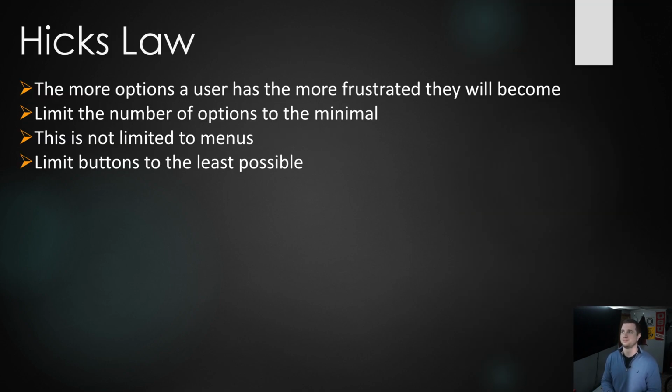Hick's law. Well, user choice. Okay. A lot of people want the simple choice, something that's easy, and they're going to tell you that they want more choice. What they're really saying is that they want more control. So as long as they have control and choice, it's going to be okay. As soon as you get into the realm of there being so many choices that they don't have control, you've got a problem.